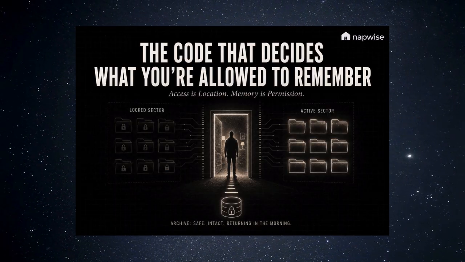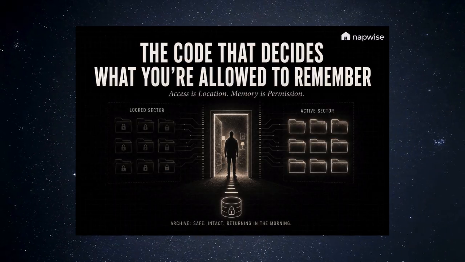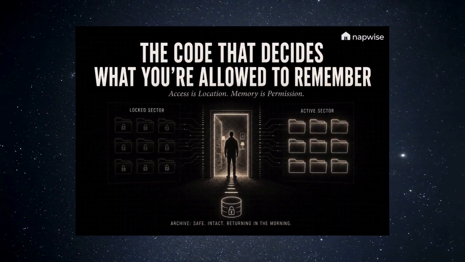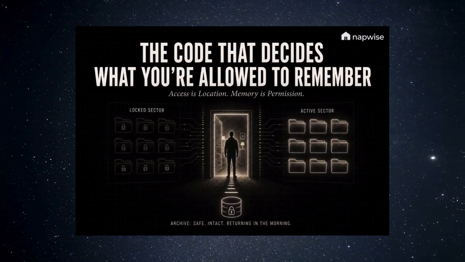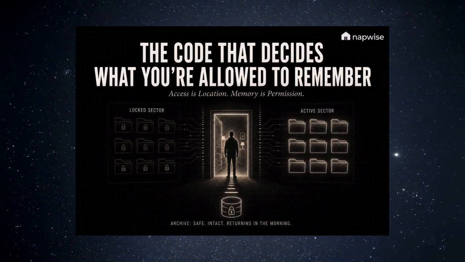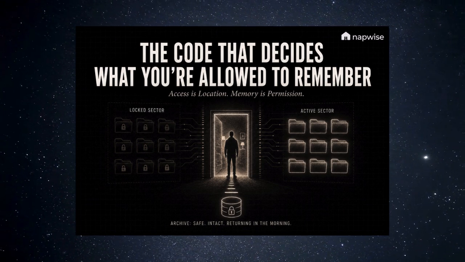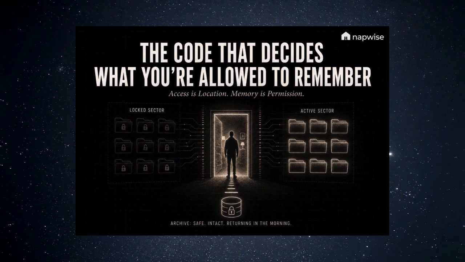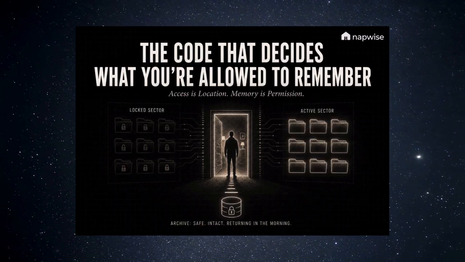Access permissions, enforced by sector. Your memory is not an isolated storage device operating independently inside your skull. It's a terminal connected to a distributed system, and the system enforces strict rules about which files you can access from which locations. Different environments unlock different directories.